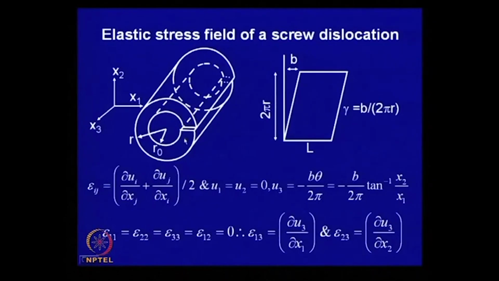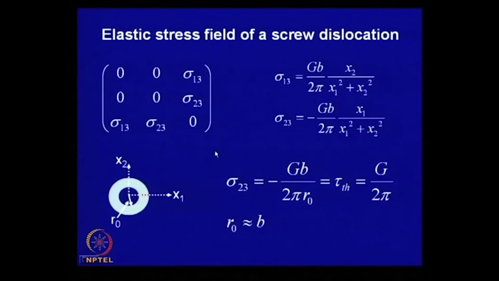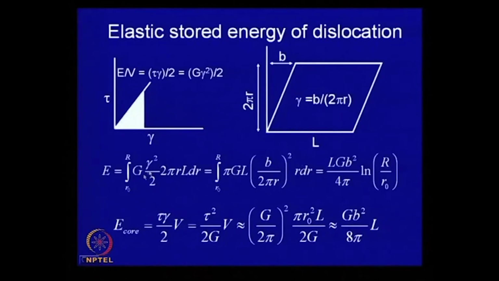At a definite r the stress is the same, but as you go beyond, the stress or strain keeps on changing. So, in order to calculate the stored energy per unit length of the dislocation, you have to consider a thin cell like this of thickness, let us say dr, repeat this calculation, which is shown here, and integrate.